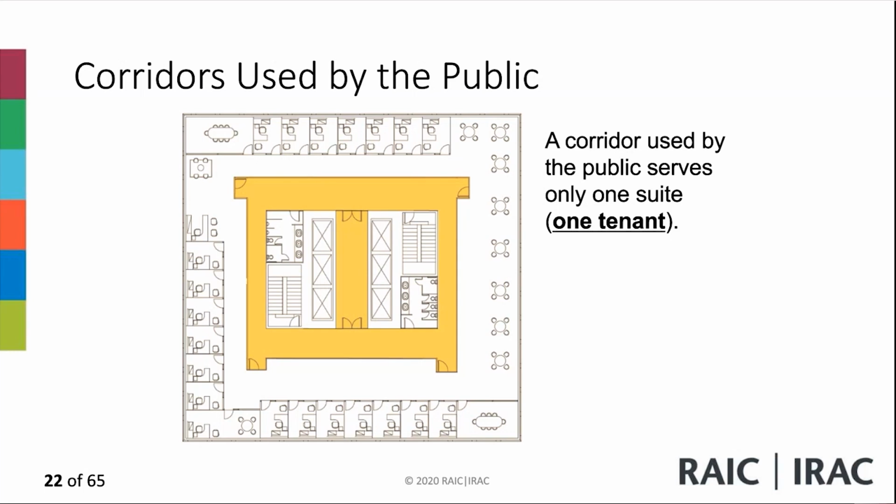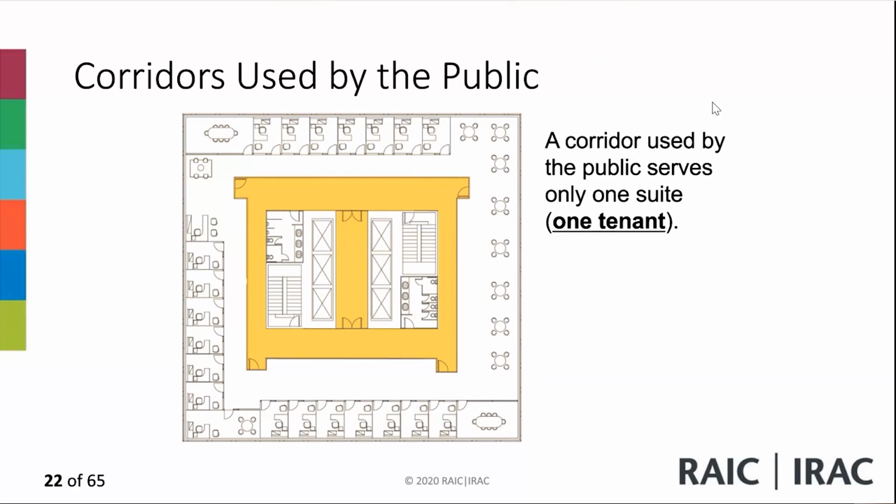A corridor used by the public typically serves one suite, but you have a corridor, for example, in clinics, you will see those, or in hospitals, where you've got the one suite, and then you've got all these corridors used by the public.